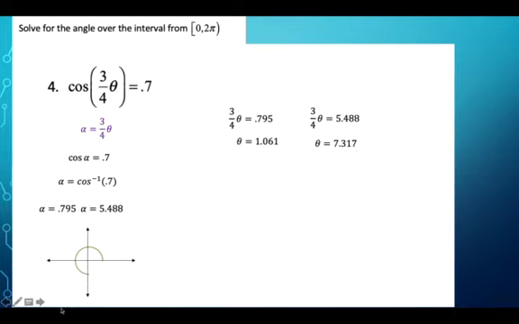You can actually think through these and understand that it's not going to work. It's too big. It's not within the 3/4 of my circle. Now, if this was a negative 0.7, you would have been in quadrants 2 and 3, and you would have had 2 solutions, and that would have been okay. So you really need to think about what the 3/4 means, and what that means in context of where the angles are falling.